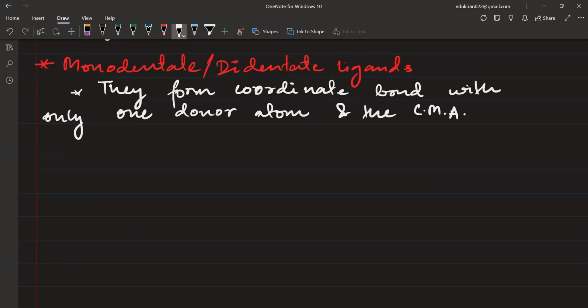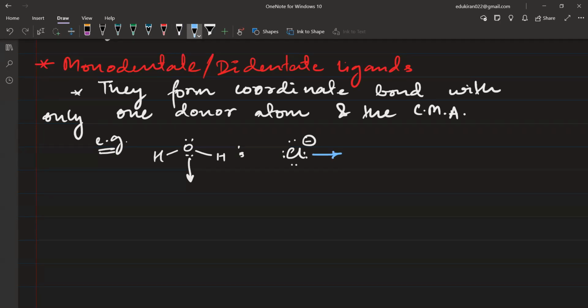For example, we have the H2O molecule. In H2O, we have hydrogen, oxygen, and another hydrogen. Only the oxygen atom is able to donate a pair of electrons. Similarly, in the case of ions, you can see Cl negative. It has 4 lone pairs, but only one atom, so the chloride ion is able to form a coordinate bond with the central metal atom.